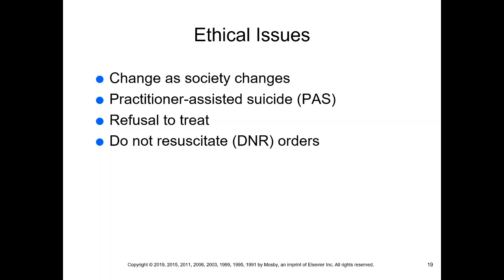So, do not resuscitate is an order that is written by the patient or their power of attorney according to what their wishes are. A DNR status means that it's an advance directive.